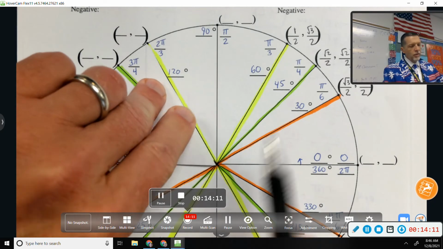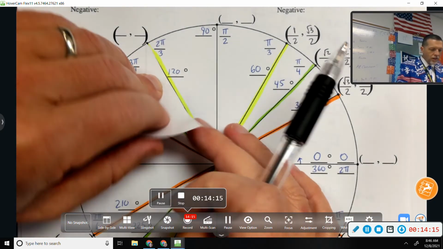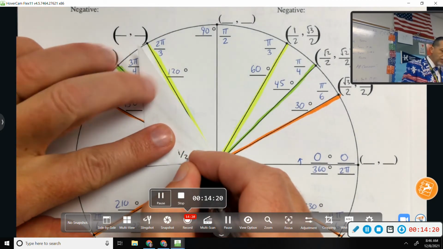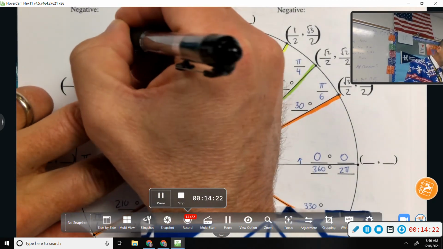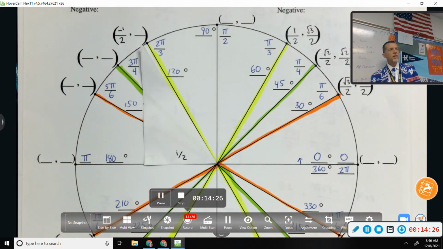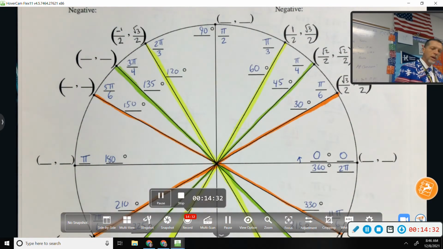You can get it from the other side, or if you need to peek at your triangle, it's 1/2, so this side's 1/2. But if we go backwards, it's negative 1/2. But it's still root 3 over 2 for the height, because the y is positive. The x is negative, the y is positive. That's always the case in the second quadrant.